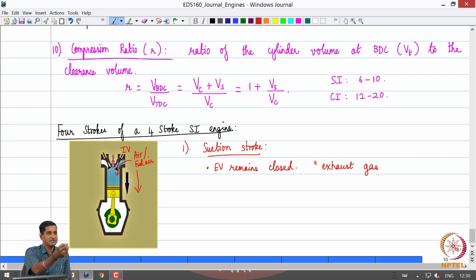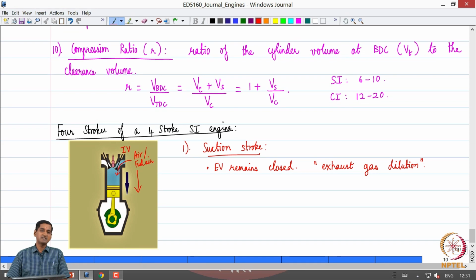The pressure in the exhaust manifold is going to be higher, and in the combustion chamber lower during the suction stroke because volume is expanding. So, we do not want the exhaust gases from the previous cycle to come into the combustion chamber, and that is why we want the exhaust valve to remain closed during the intake stroke. So, that becomes very critical.